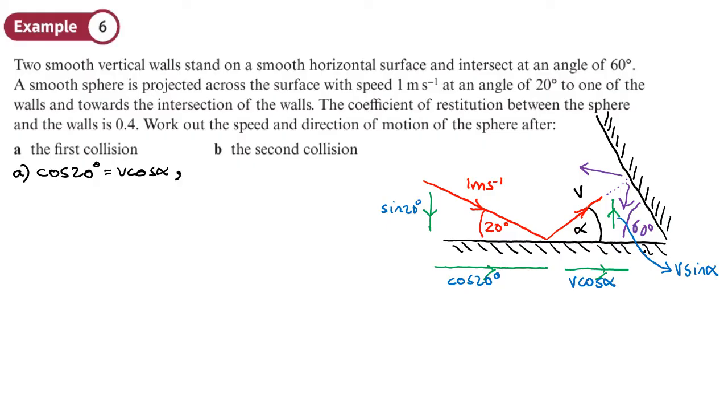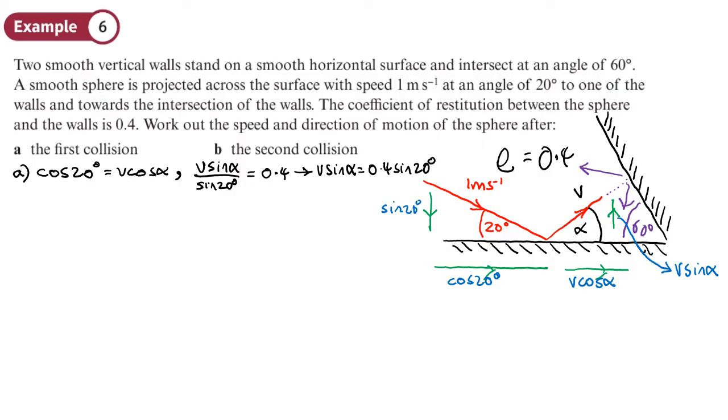Perpendicular to the wall, we will have V sin alpha over sin 20 equals the coefficient of restitution. I didn't write that down, did I? Which was 0.4. Right, if I rearrange this, I'll have V sin alpha equals 0.4 sin 20.